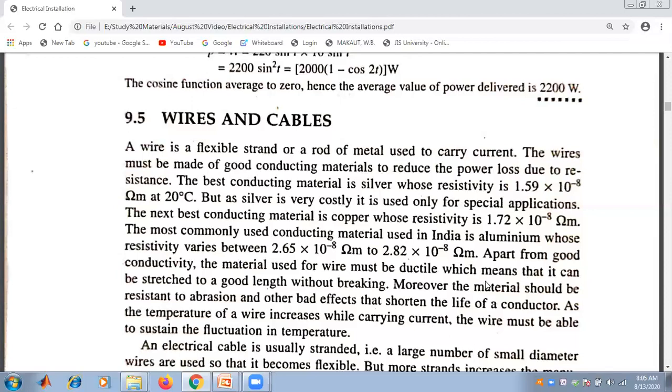Apart from the good conductivity, the material used for wire must be ductile, which means that it can be stretched to a good length without breaking.